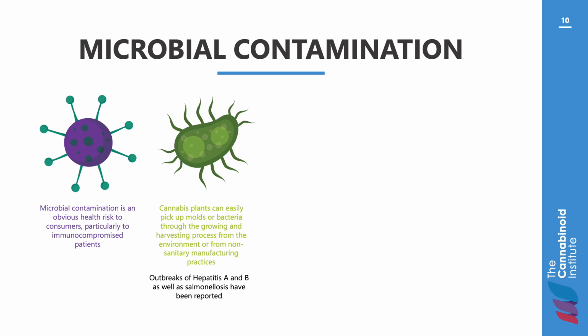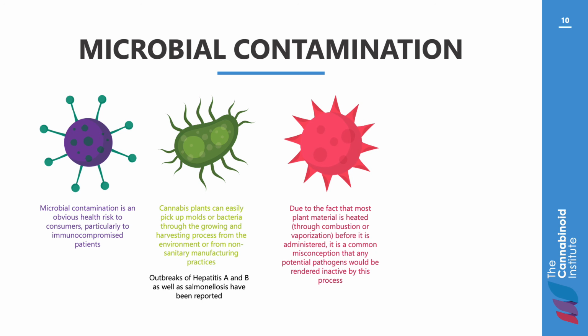Due to the fact that most plant material is heated through combustion or vaporization before it is administered, it is a common misconception that any potential pathogens would be rendered inactive by this process. However, several pathogenic spores, such as those from Aspergillus, can withstand combustion and pose a serious risk to patients.